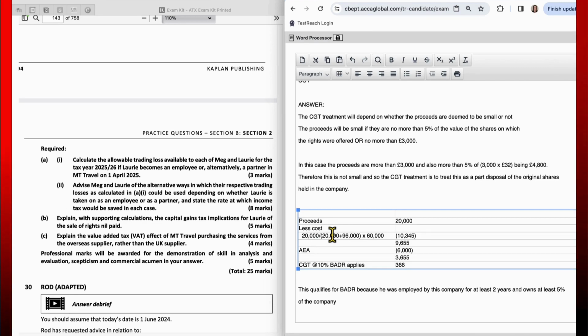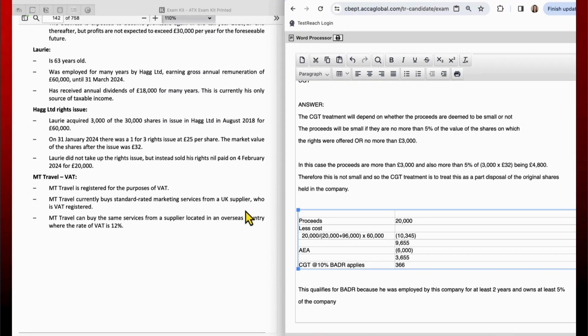So 20,000 is the value of what we've got rid of. 96,000 is the value of what we've got left effectively here. So we're using the 96,000, which is the value of the shares on which the rights were offered. And then we're multiplying by 60,000. Because that's what was the original cost of the shares.